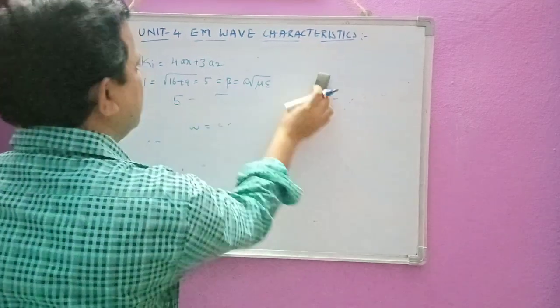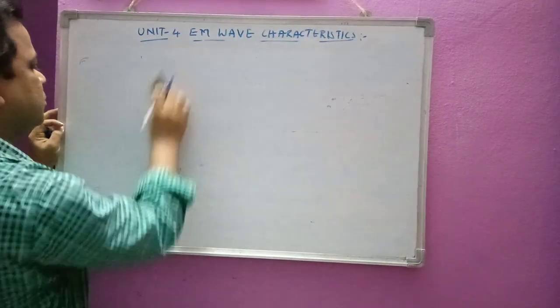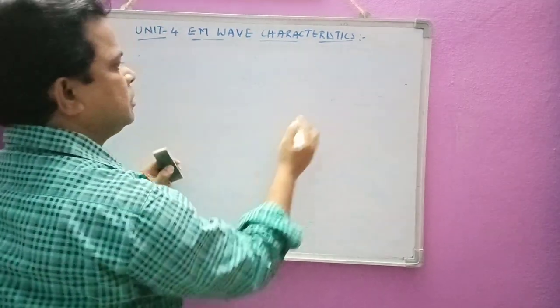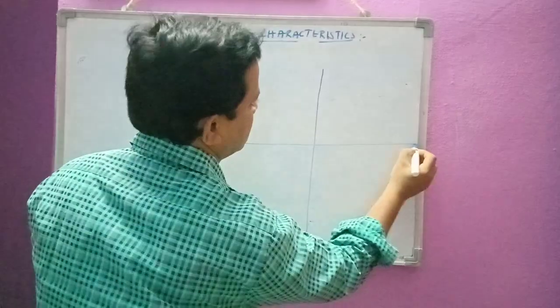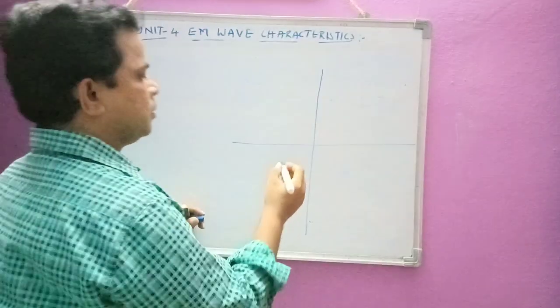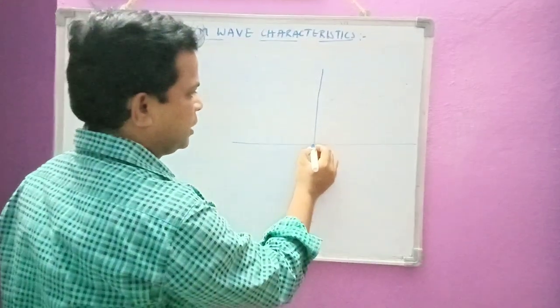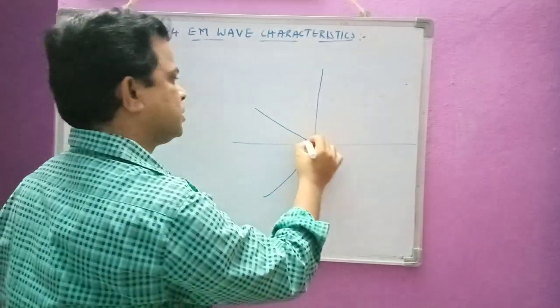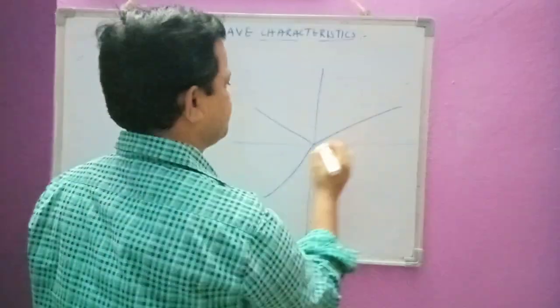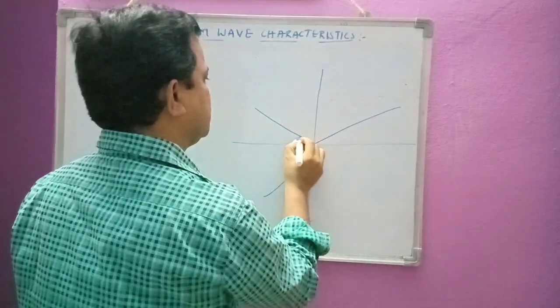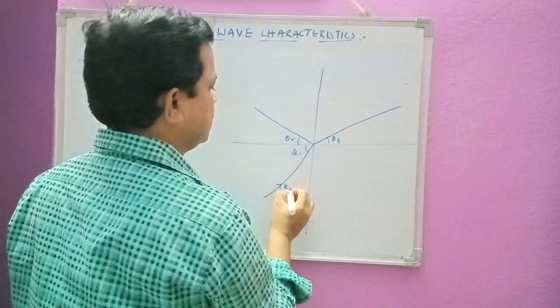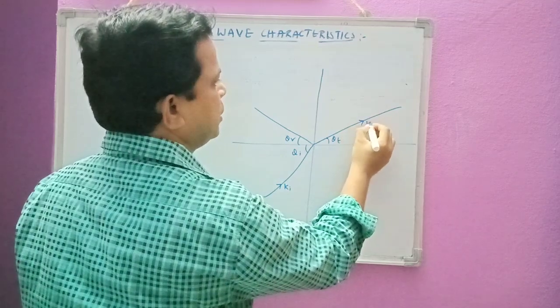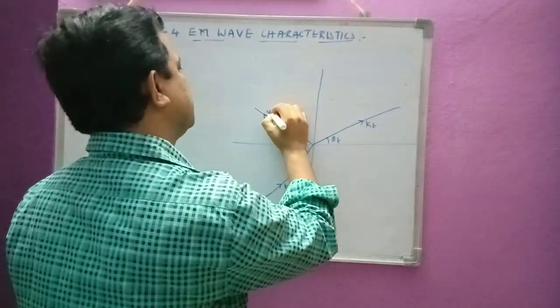Now I will draw the diagram to see how it looks. If I take the incident vector like this, the incident propagation and the reflected wave, with theta i, theta r and theta t, this is ki, this is kt, and this is kr, the reflected one.